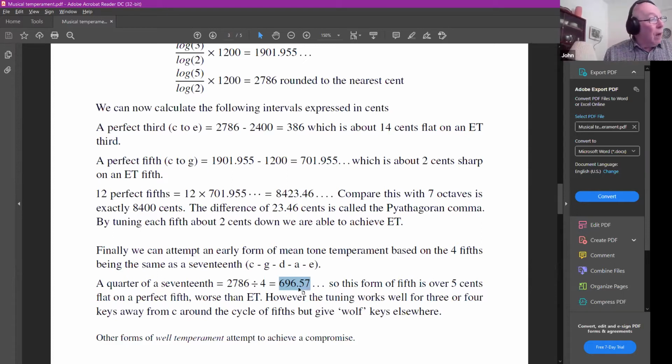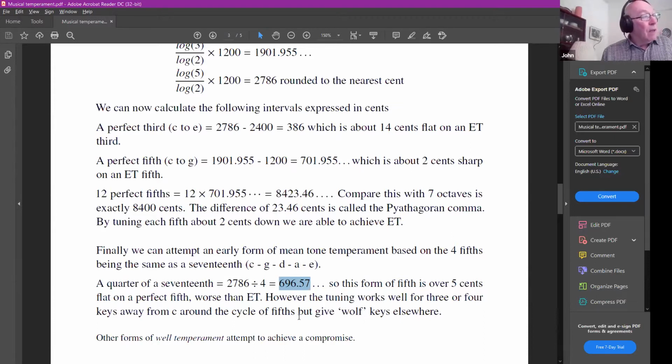So that means in order to make the fifths fit with a perfect third, we've got to flatten the fifths. And in fact, we have to flatten them about 5 cents each, 5 out of 100. So that's a very distinct beat. But Renaissance tuners found that perfectly acceptable because they didn't use keys like F sharp major, which is about as far as you can get from C.